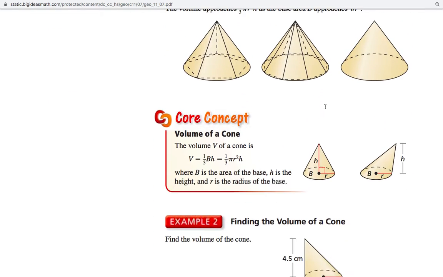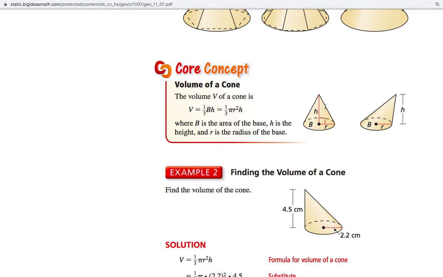They're also going to ask us about volume. And volume is, again, the exact same as what we did for a pyramid, right? A pyramid, we said, was 1/3 base area times height. It's going to be the same thing. Only now we know that the base is a circle. So the base is pi r squared.